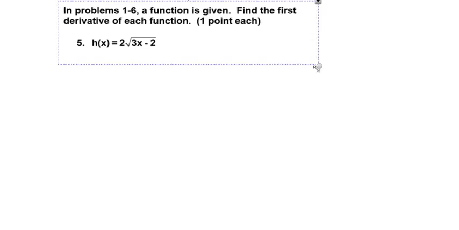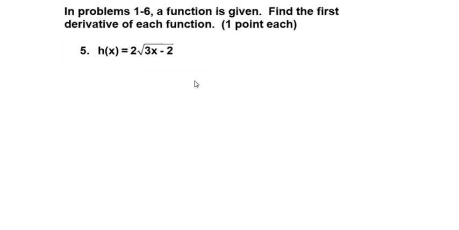Next, problem 5. We have, find the derivative of this one, which is h of x equals 2 times the square root of quantity 3x minus 2. For this, we're going to rewrite this as h of x equals 2 times this radical, 3x minus 2 to the 1/2 power, which is the square root.